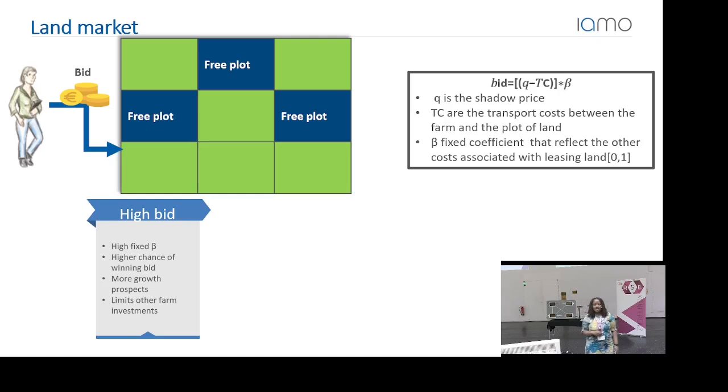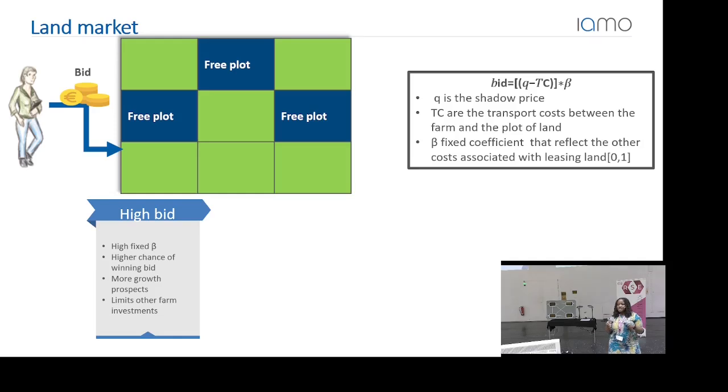Let's say I have calculated and I have 1,000, and then I decide maybe my bid is 0.9, which is around 900 euros. Of course, money is a scarce resource to any business, and so applies to any farms. If I decide I'm going to spend all my money on this piece of land, it means I have less money to make other investment decisions.